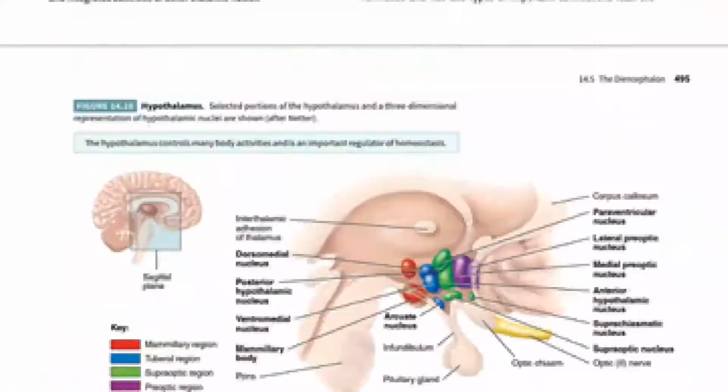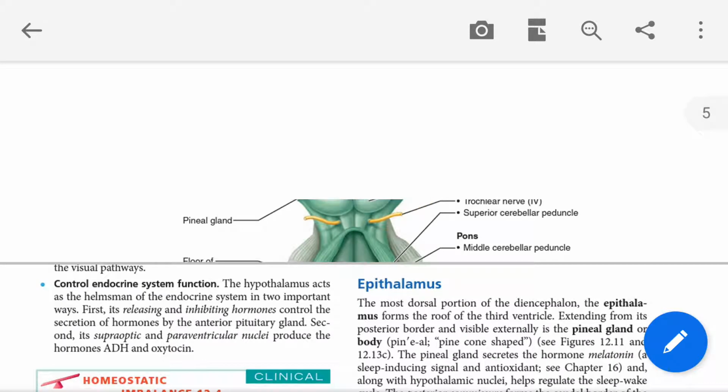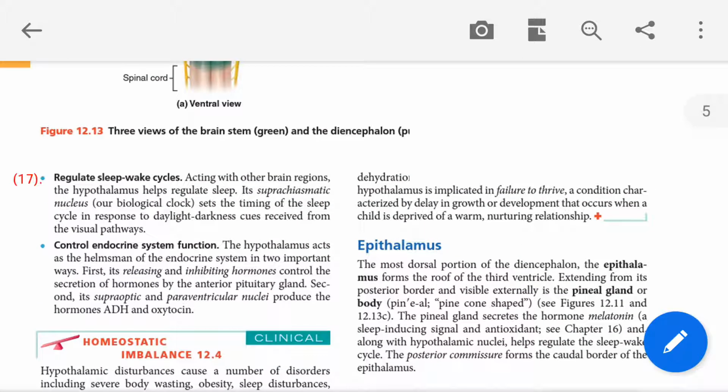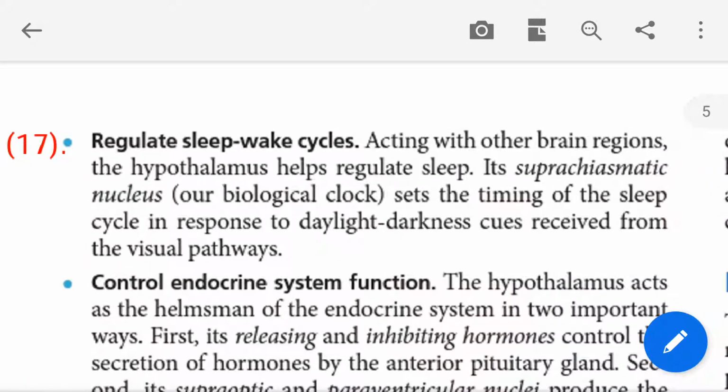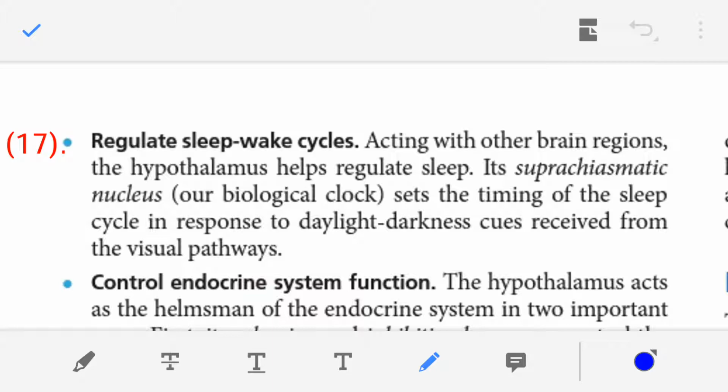Now we are discussing the remaining functions of the hypothalamus, okay. Let me scroll so that we can reach the point. Hypothalamus regulates the sleep-wake cycle, okay.